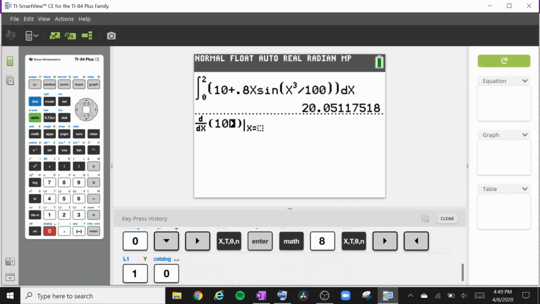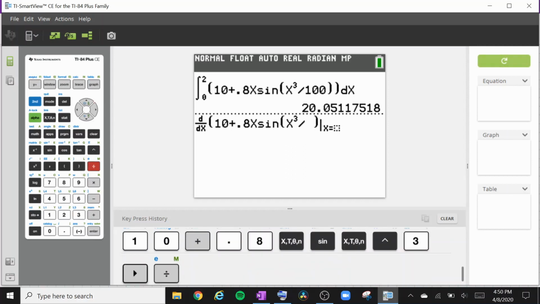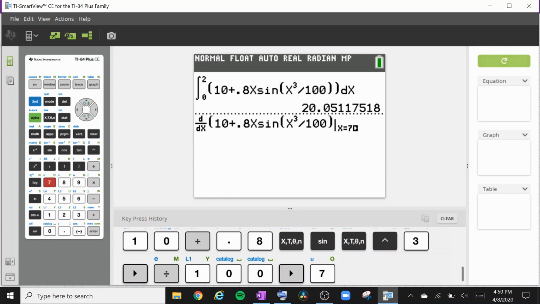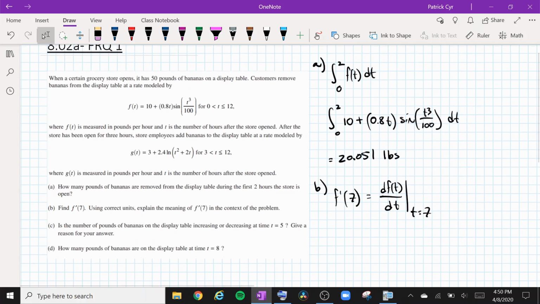Plug our function in here for f of x, and we're going to evaluate the derivative at 7. So negative 8.120. So the value of the derivative here is negative 8.120.